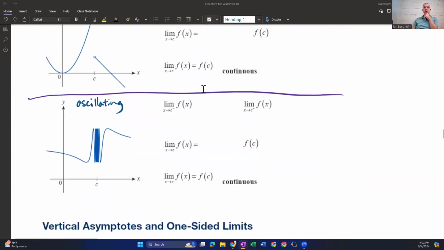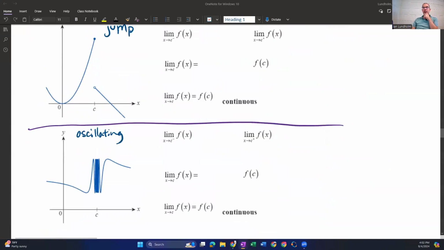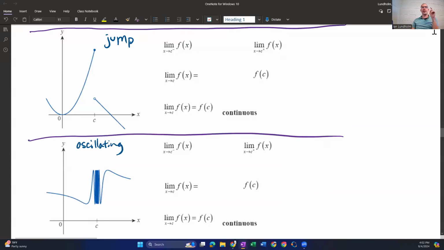Okay, two more, and then we're going to be pretty close to the end for today. This is what we call a jump discontinuity. You can see that there's a jump there in the y values. From the left, let's call this one L2, and we can call this y value L1, for different limiting values.